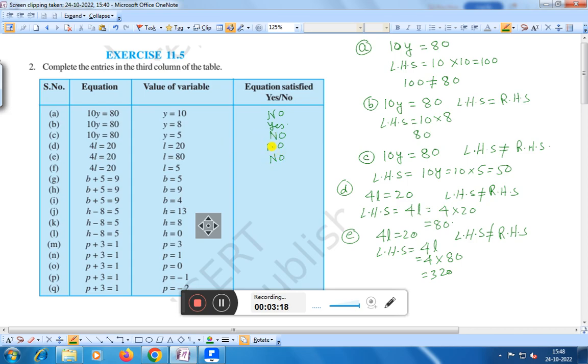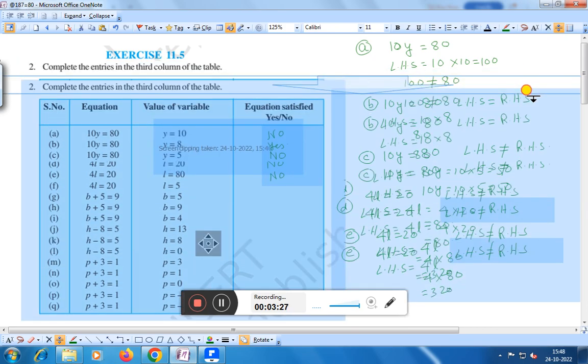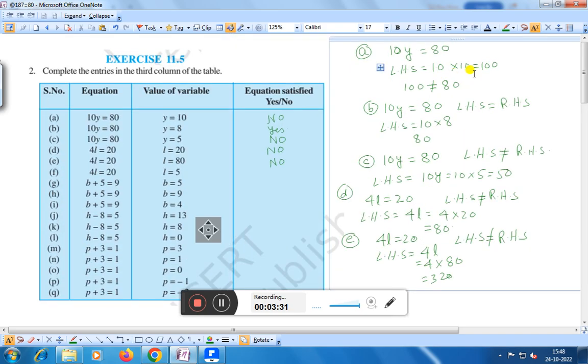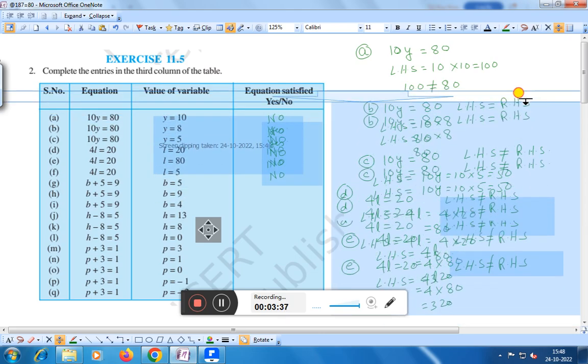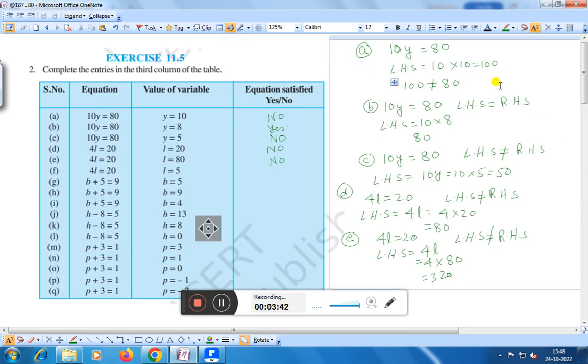Now we solve question number F. Let us rub this one.